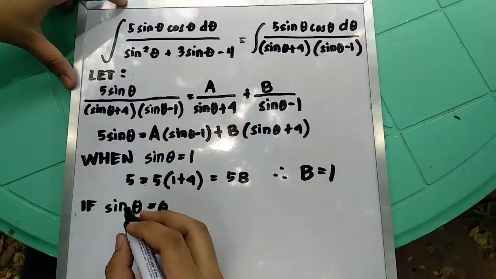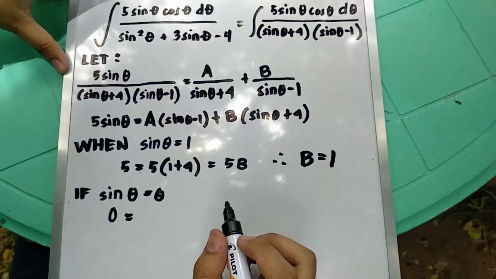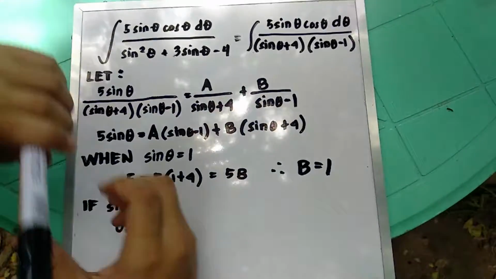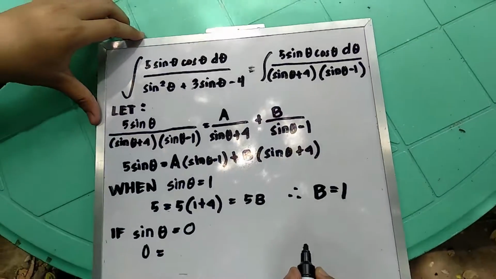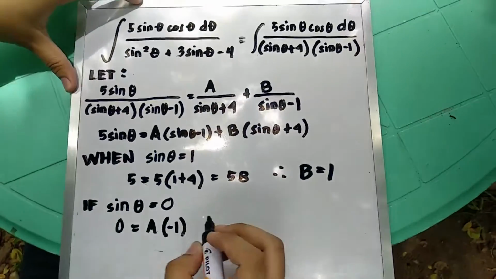If sine theta is 0, then 0 is equal to a times negative 1 plus 1 times 4. Therefore, a is equal to 4.